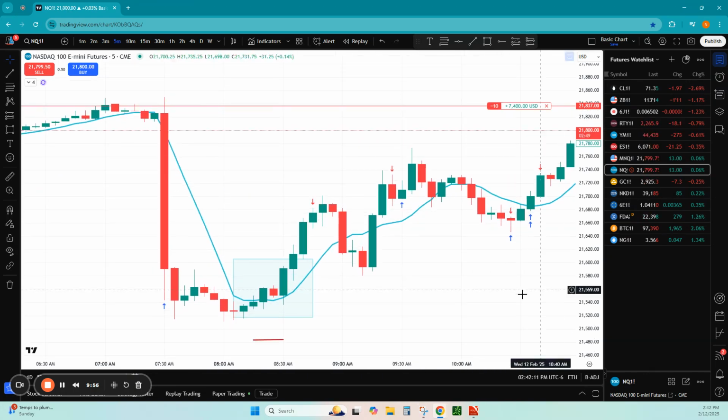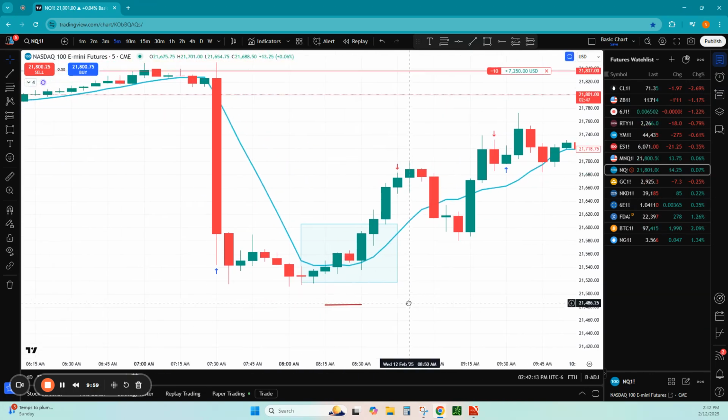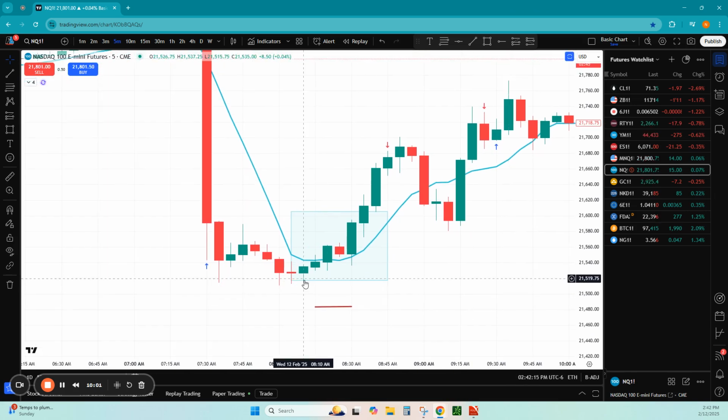Let me zoom in again here. So, with this type of price action, we go long here. When this candle closes above the 8-period moving average, we can still trail a stop. But what we want to do is accept this risk first and foremost.